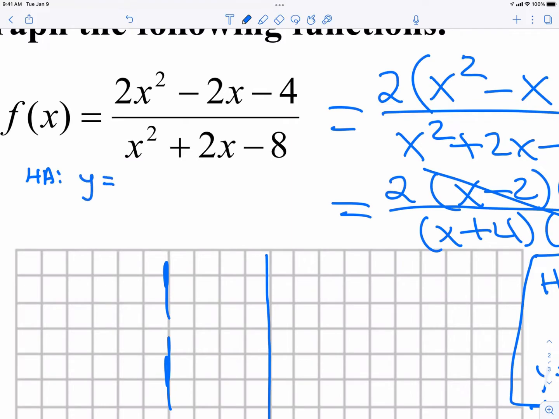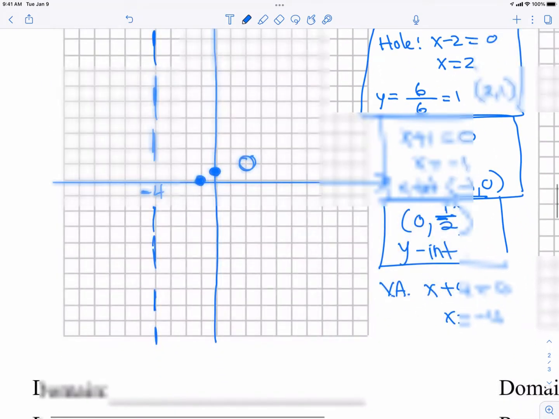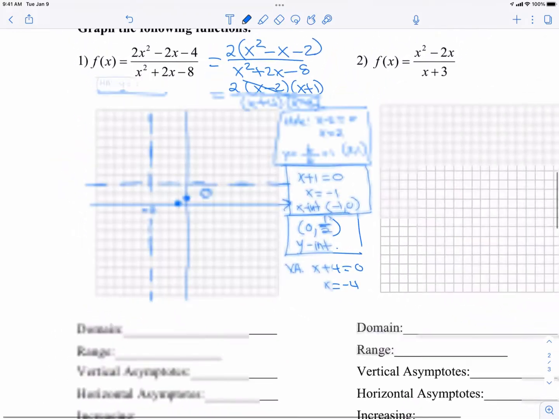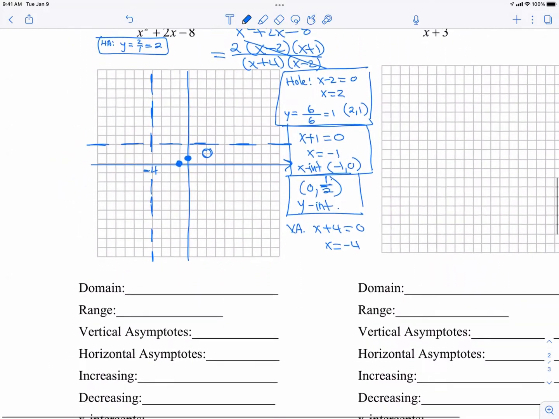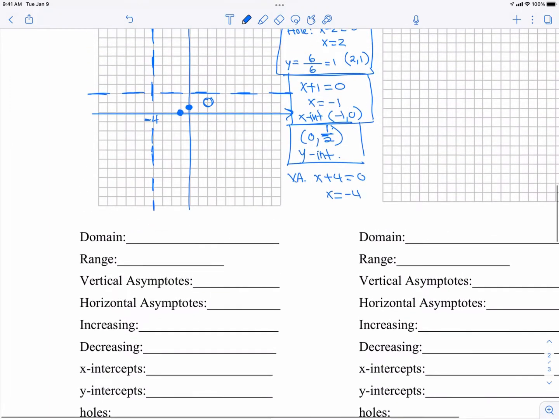So that's y equals the coefficient of 2 divided by the coefficient of 1, which is 2 over 1, so y equals 2 is our horizontal asymptote. On the graph, let's draw a horizontal line through y equals 2. All right, so we've got horizontal and vertical. Let's see, what else do we need? I think that's it for now.